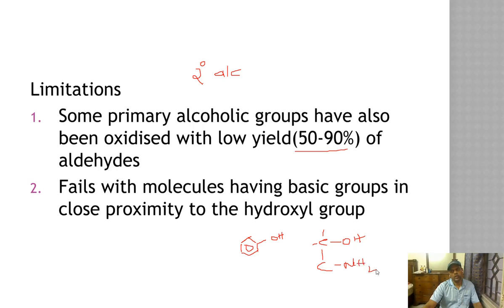When other groups are in the proximity of this hydroxyl group, it fails to do the reaction. The reaction may not happen. So that is the disadvantage or limitation of this reaction. So that is the Oppenauer oxidation.